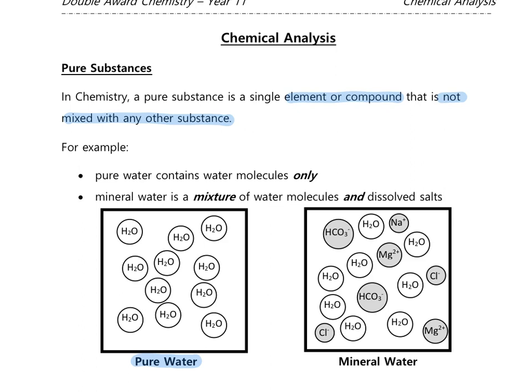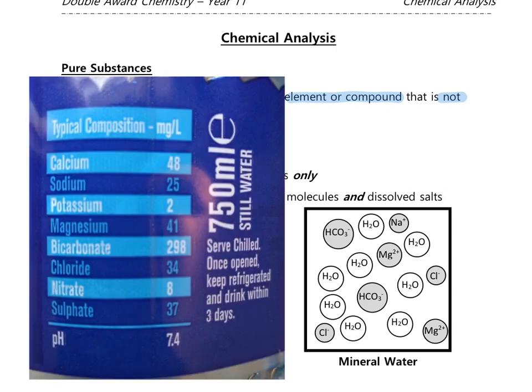Yes, it's clean, yes, it's safe to drink, but it is not pure water because it has lots of different ions dissolved into it, lots of different salts that have dissolved into the water and broken off into their ions. In fact, if you look at your label on your water bottle, you might see something like this, and you have a list of ions that are present in your water.